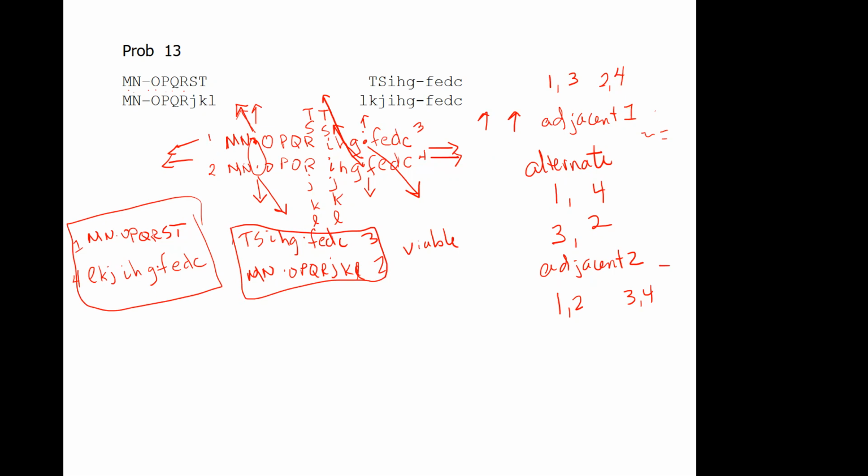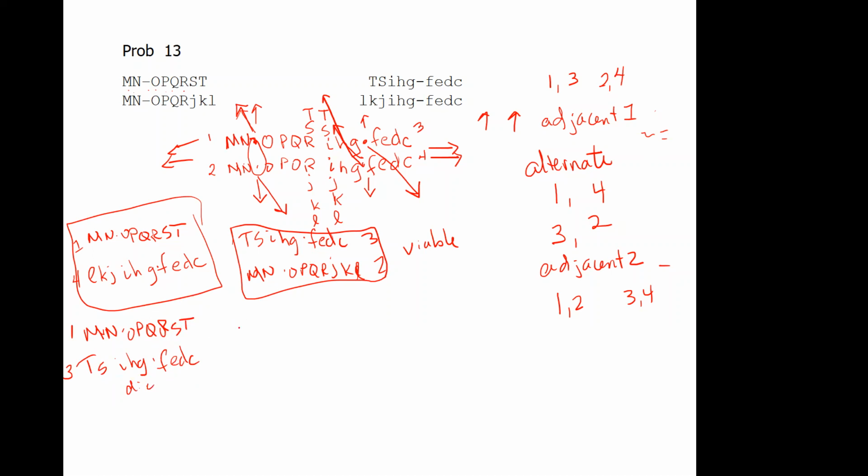3 together. So you're missing some stuff, huh? You're missing, you got 2 copies of S and T, and you're missing J, K, and L. So that's no good.